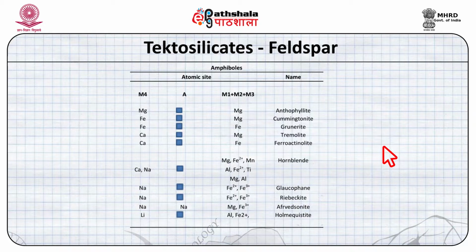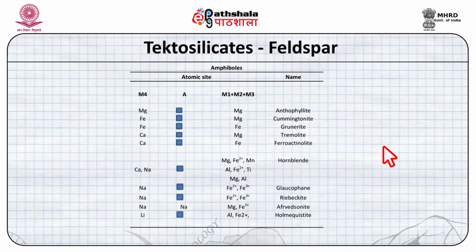In case of glaucophane, which is present in very high pressure rocks, the M4 site is occupied by sodium and the M1, M2, M3 sites are occupied by ferrous and ferric irons both. In riebeckite, the M4 site is again occupied by sodium and the M1, M2, M3 sites are occupied by ferrous and ferric iron.